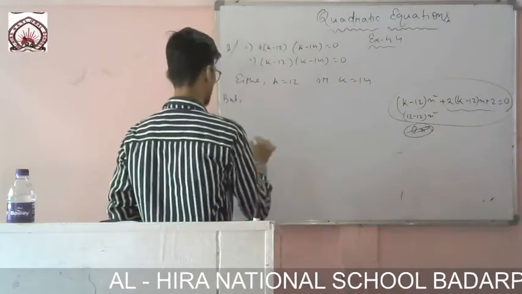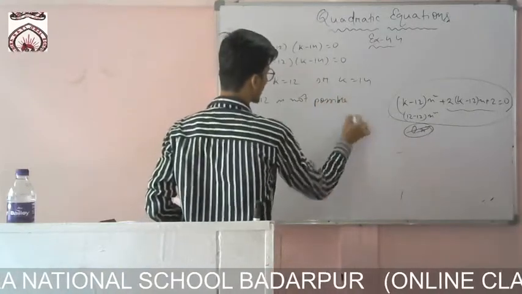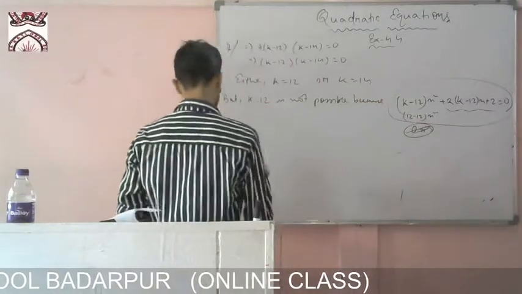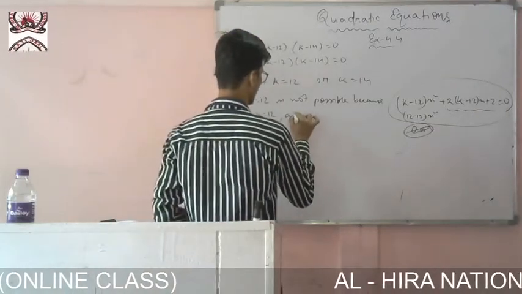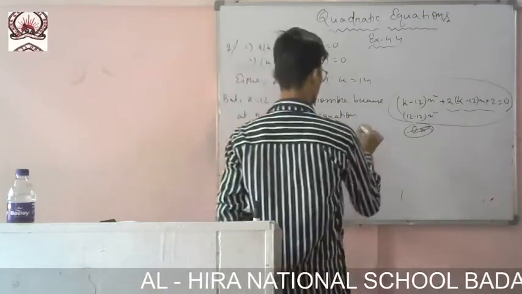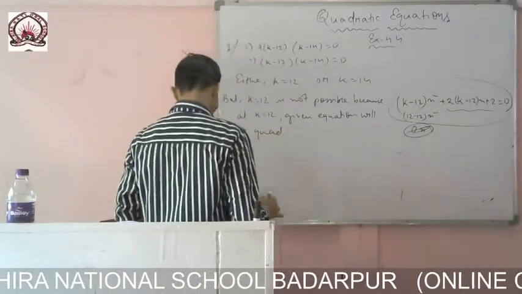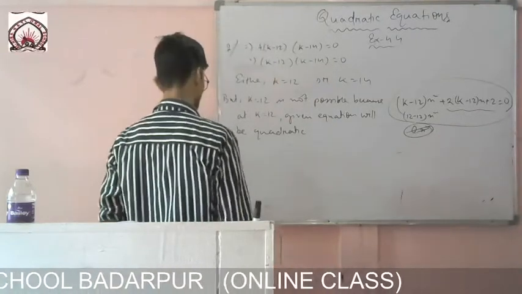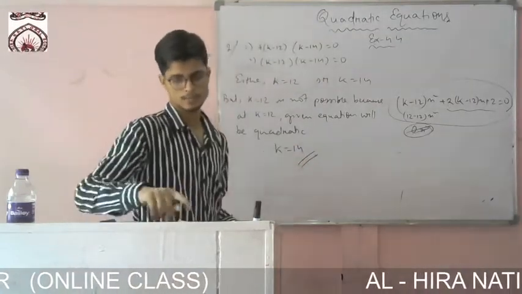So you write like this: but k equals to 12 is not possible, because at k equals to 12, the given equation will not be quadratic, it will become a linear equation. So therefore the value of k will be 14. You have to mention it, or else you will not get the full mark.